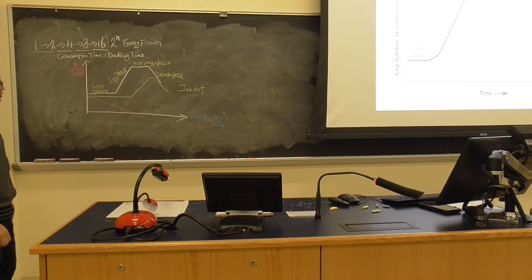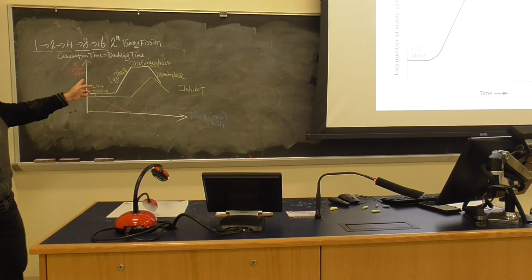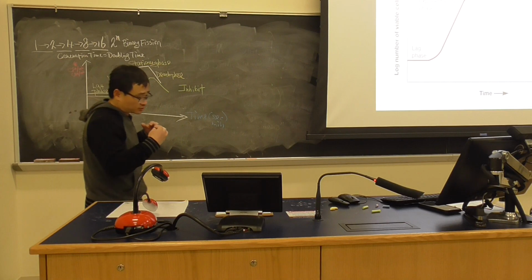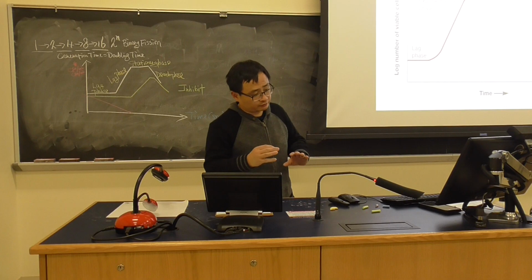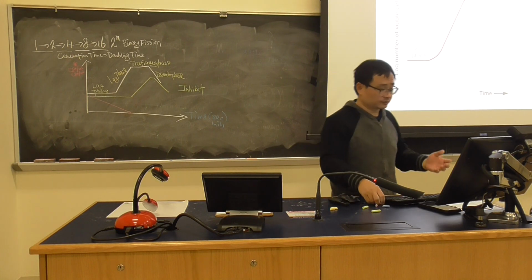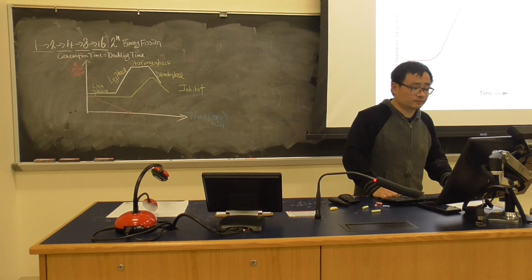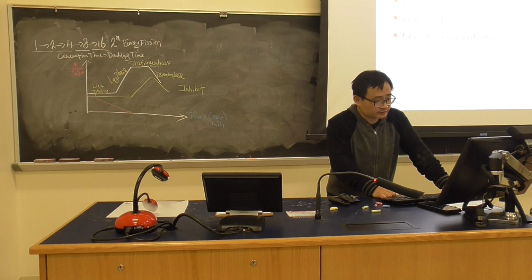Some antimicrobials, especially for gram-positive bacteria, are more effective at the log phase, because at the log phase they are dramatically synthesizing peptidoglycan, and peptidoglycan is a major structure for gram-positive bacteria. That's something you need to know. So a very typical microbial growth curve has lag phase, log phase, stationary phase, and death phase.